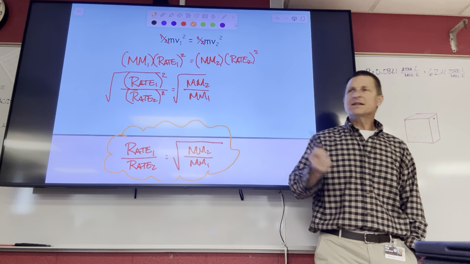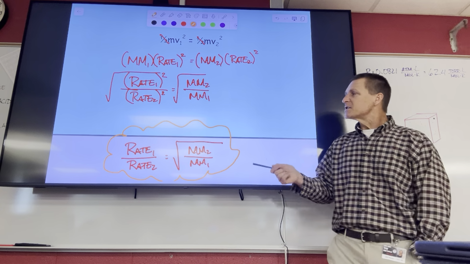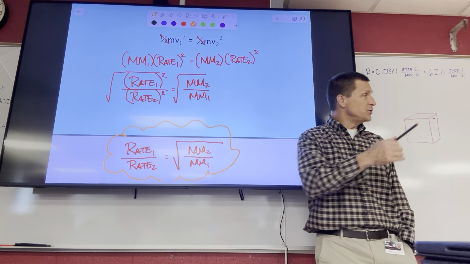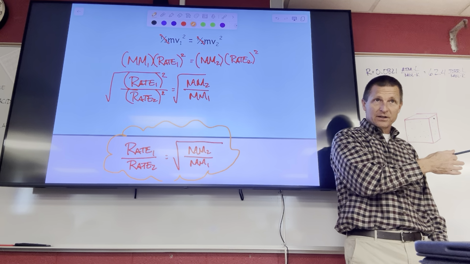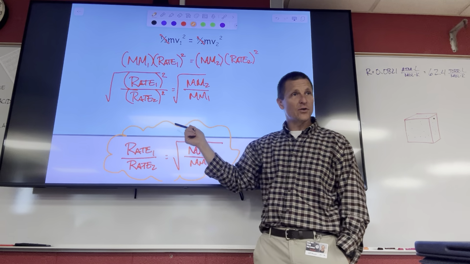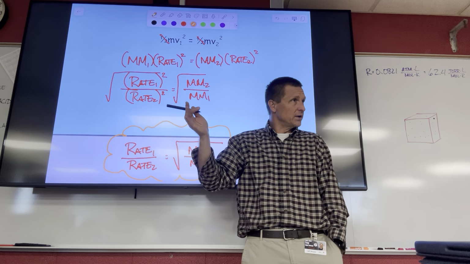No, it's not on the equation sheet, but I know that the AP exam asks about Graham's law. They do give you the formula for kinetic energy on the equation sheet. So if you know the formula for kinetic energy, you can derive Graham's law like we just did. So there's an option for you if you need Graham's law: either memorize it or derive it. Either one is fine.